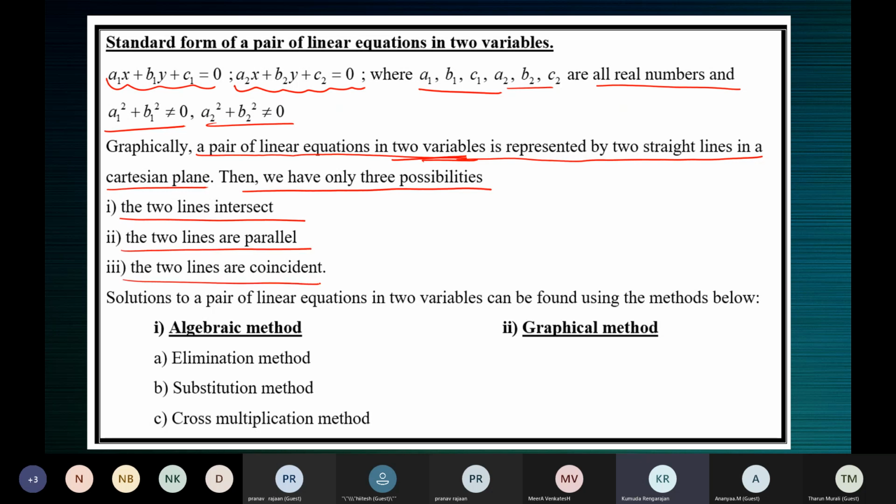The 2 lines are coincident. These are the only 3 possibilities. So this is one information. How the 2 lines can behave. They can either intersect each other, they can be parallel, or they lie one on the other. They're coincident. Nothing else is possible. You can think about it. They cannot be anything different from any one of these 3.